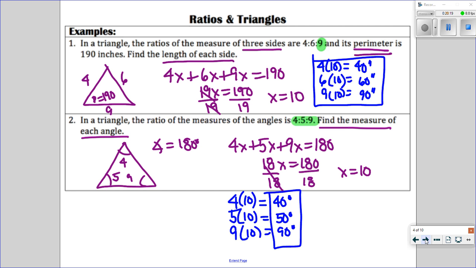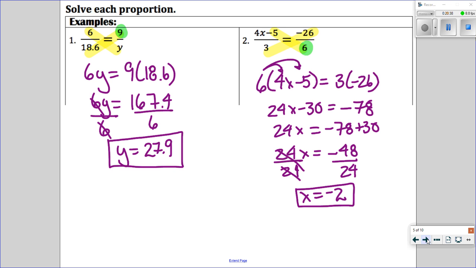A ratio is basically the bare bones of whatever you're working with, and then you have to find a constant to find the actual values. And for proportions, cross multiply, find your variable, and that's it.